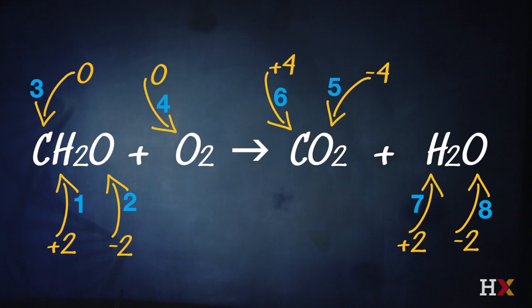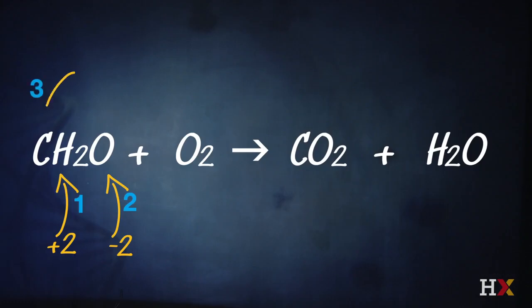So what about step 3? Well, we've already answered this question because we did our detailed analysis of what happens when we take a carbon atom, 2 hydrogen atoms, and an oxygen atom, and we formulate our formaldehyde molecule. And we saw that hydrogen donated 2 electrons, oxygen took up 2 electrons, and that means that carbon was left in its oxidation state of 0.